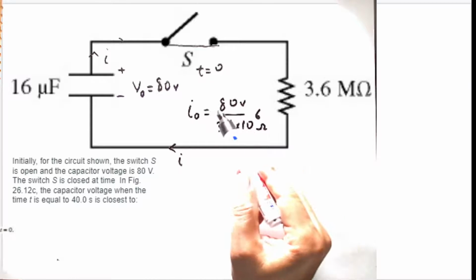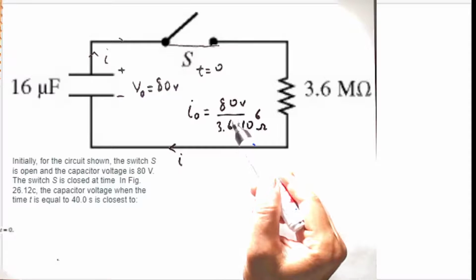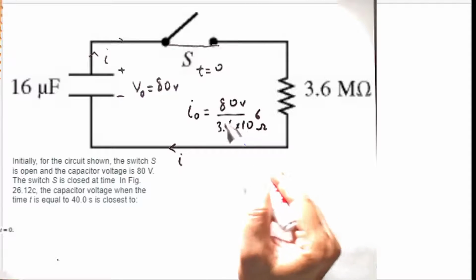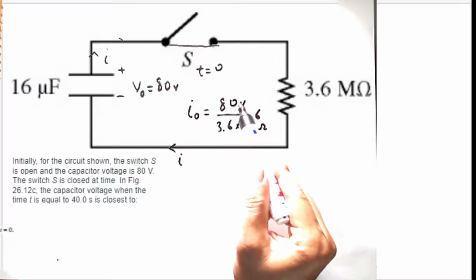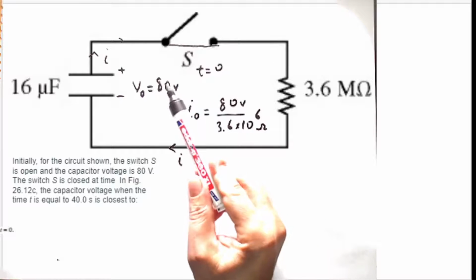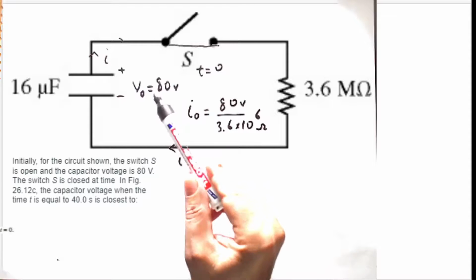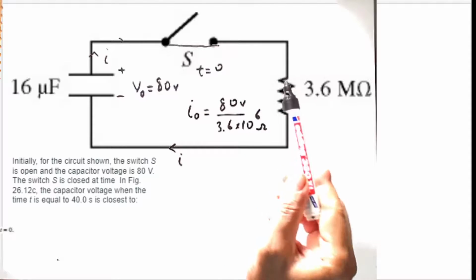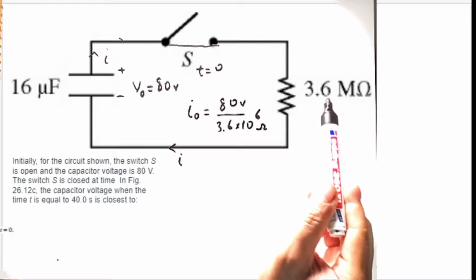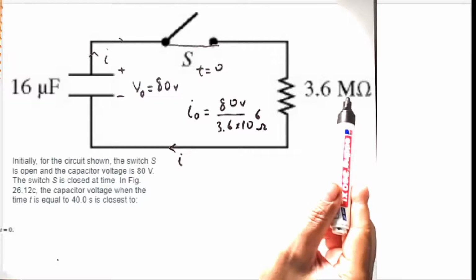I'm writing this because I'm using just Ohm's law. The resistance multiplied by I gives you the potential difference. This initial potential difference, which is 80 volts, is also the initial potential difference between the terminals of this 3.6 mega ohm resistor.